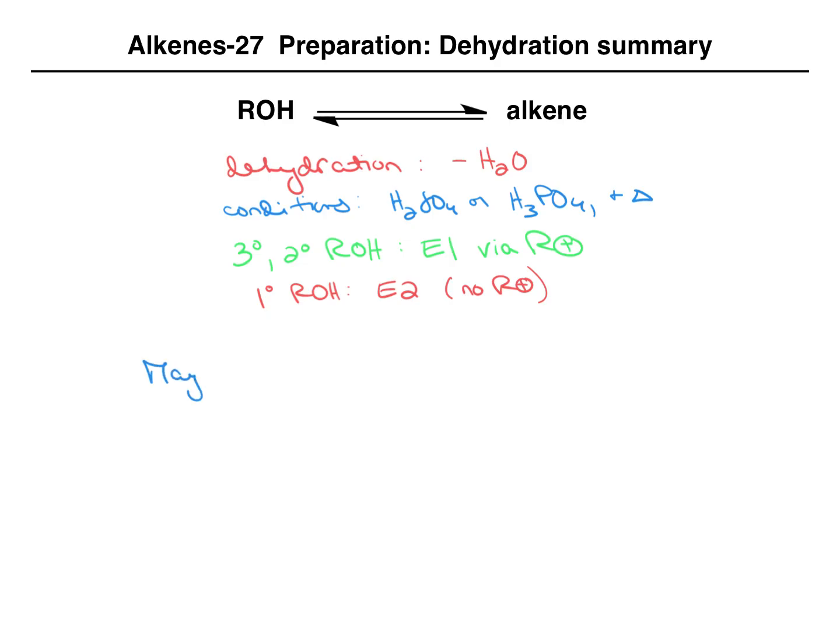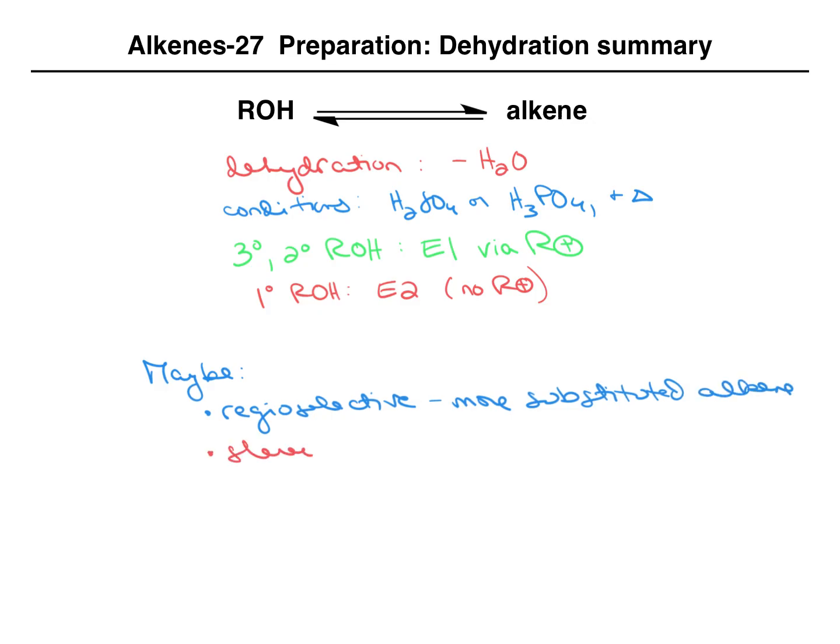So keep in mind that, depending on the structure of the starting material, the reaction could be regioselective, and in this case, the preference is for the more substituted alkene. The reaction may be stereoselective, where trans is preferred over cis.